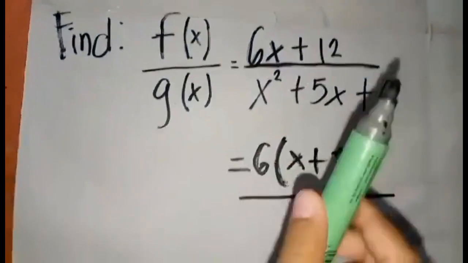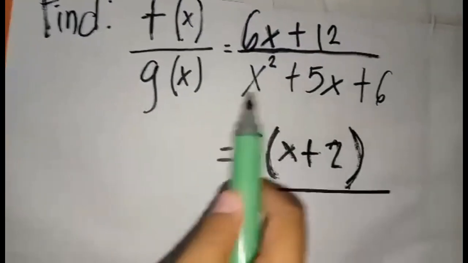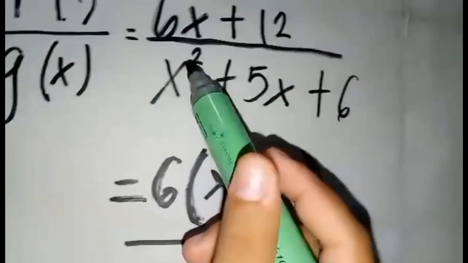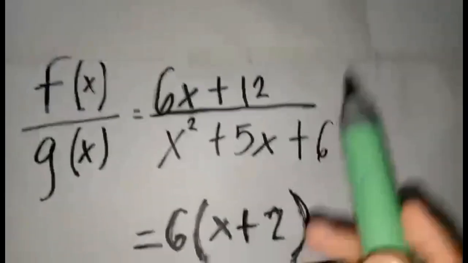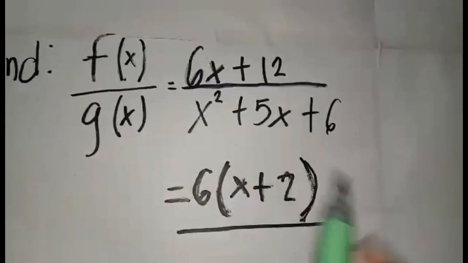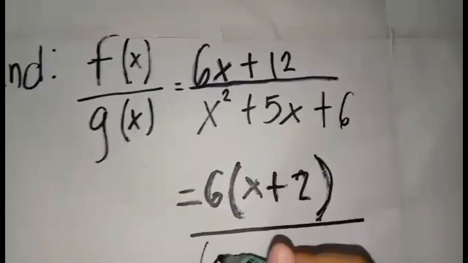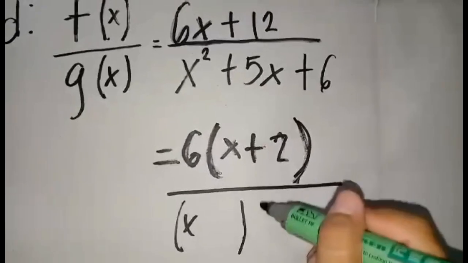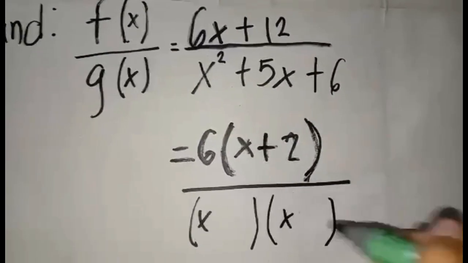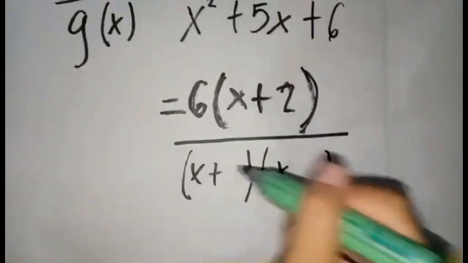Then factor out the denominator. So x squared plus 5x plus 6. So the factors are x and x. I will copy the sign plus.